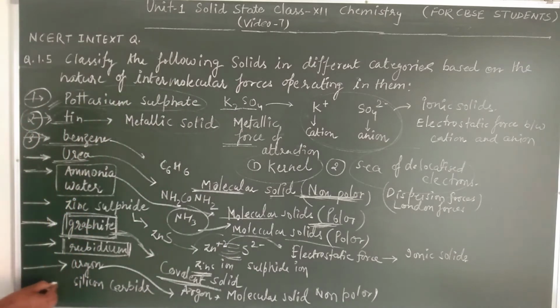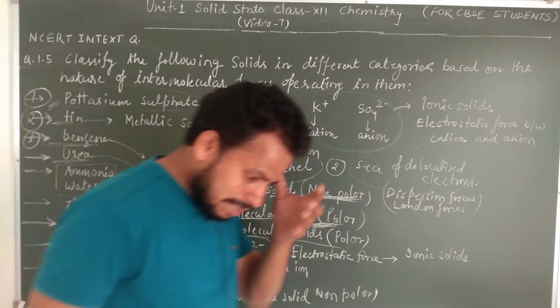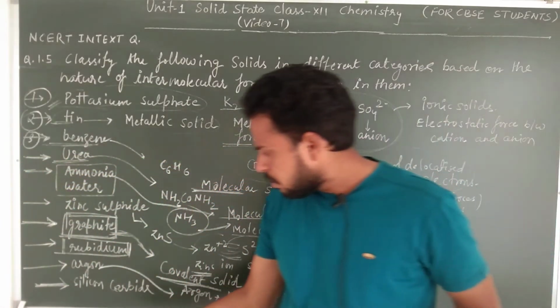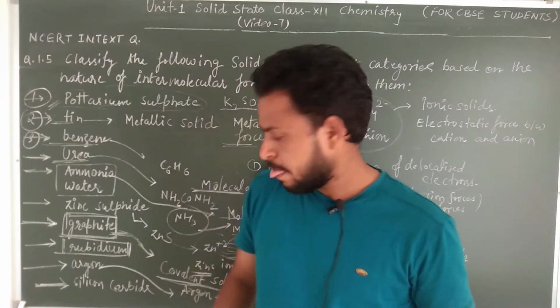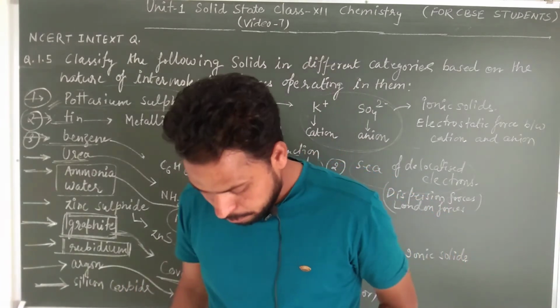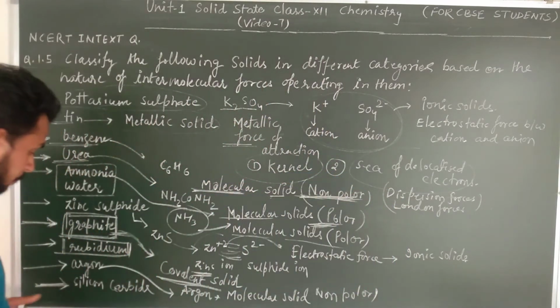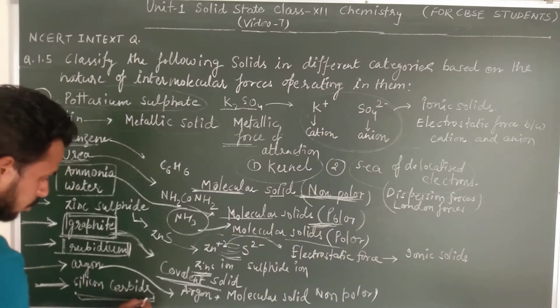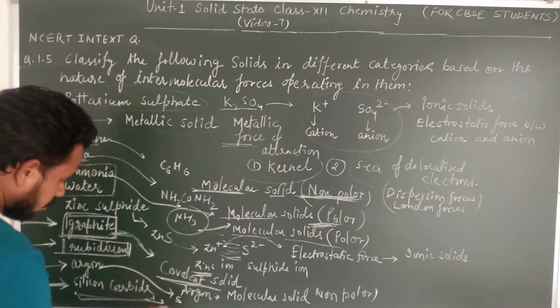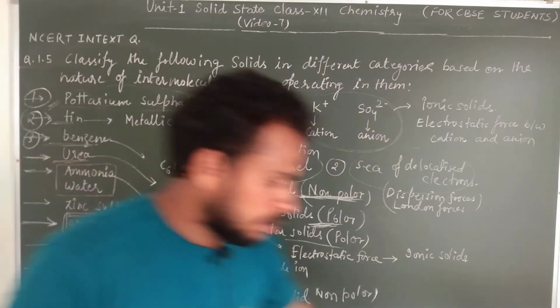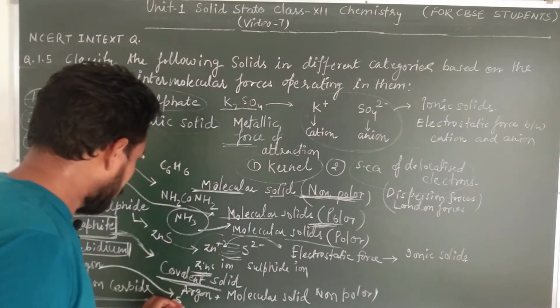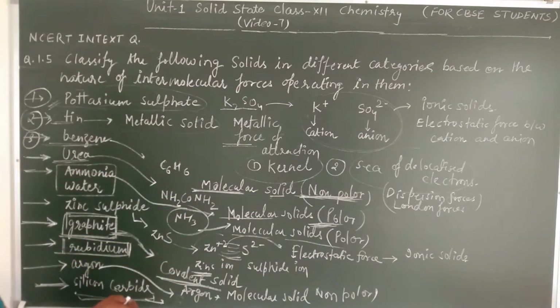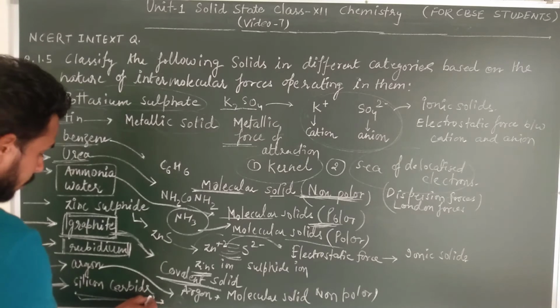If we talk about silicon carbide, in this matter carbon is most, so silicon carbide is also a covalent solid.